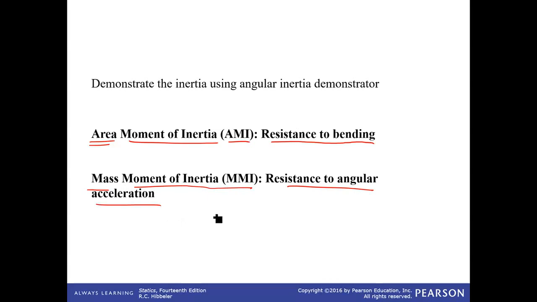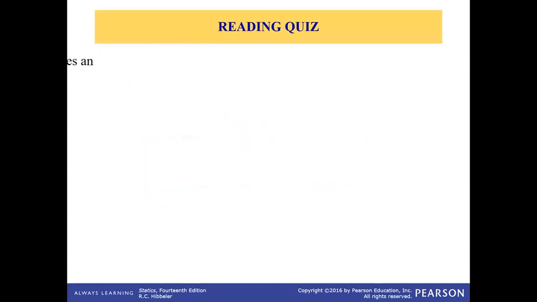When we would like to rotate any component, we need to apply torque or moment. For a given torque, the angular speed at which the object will rotate depends on its mass moment of inertia, or MMI. For this part of the video, we are talking about AMI only, that is area moment of inertia.